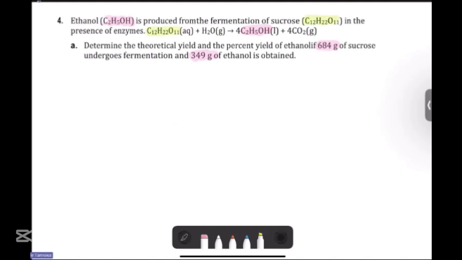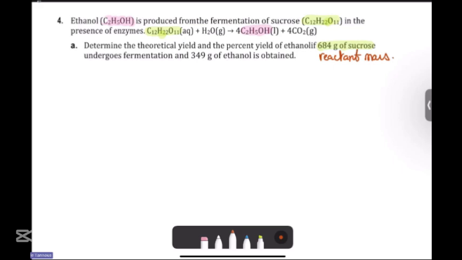Now, determine the theoretical yield and the percent yield of ethanol if 684 grams of sucrose undergoes fermentation and you get 349 grams of ethanol. This is the mass of sucrose, the reactant mass that I'm going to use.